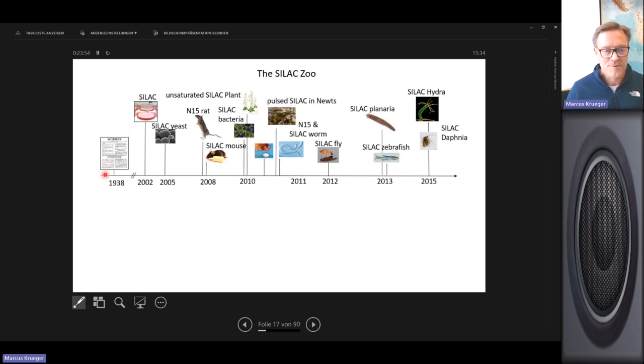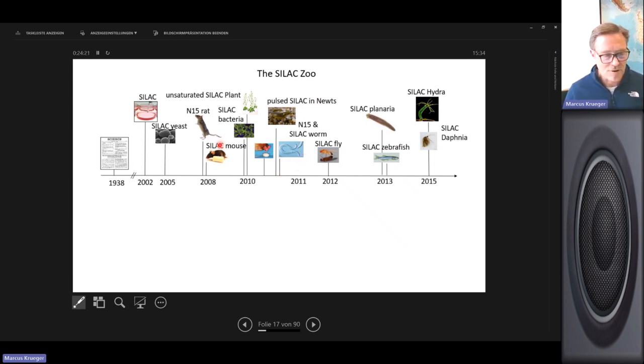And in 2008, the SILAC mouse was invented, similar to the N15 rat. From that time onwards, a lot of other model organisms like the fly, Drosophila, zebrafish, Hydra even, and Daphnia were labeled with stable isotopes, as a model to investigate protein dynamics and protein changes. And of course also C.